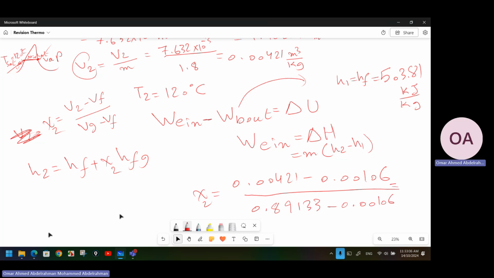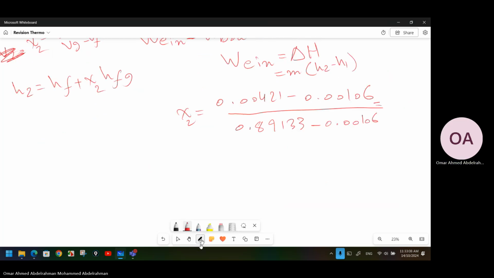So the quality x2 will be equal to 3.538 times 10 to the power negative 3.